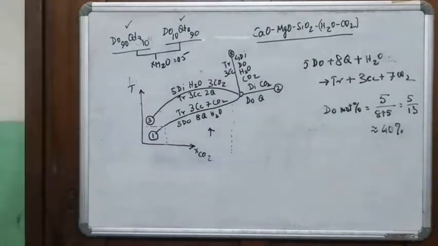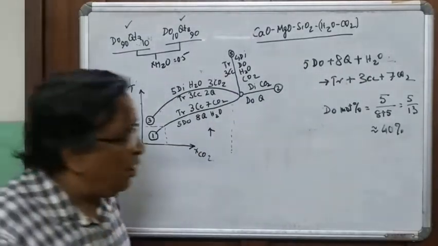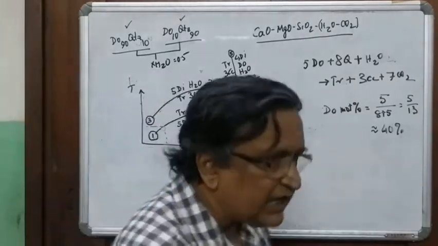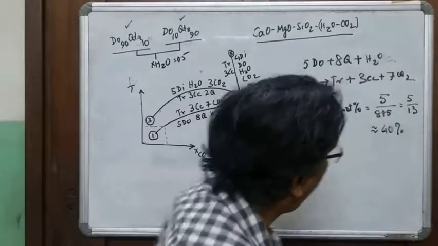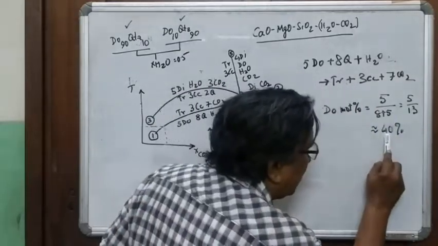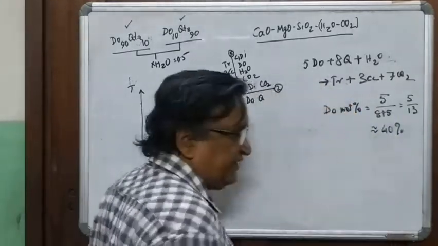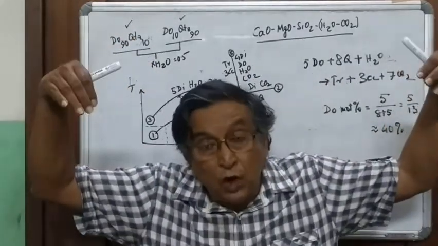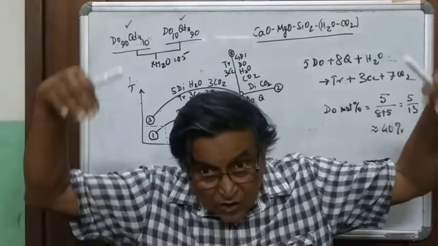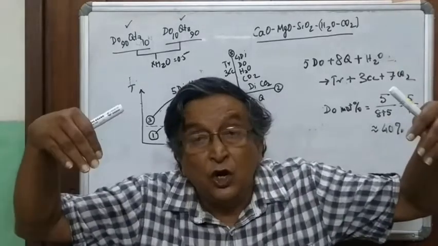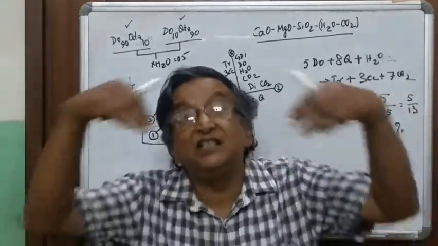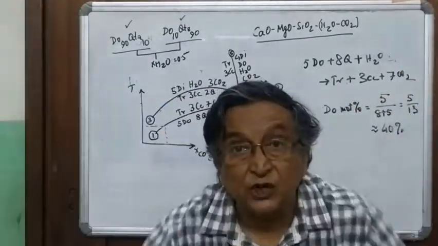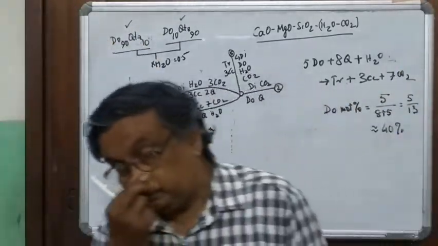But if you have a rock where dolomite and quartz are in the proportion of dolomite 40 and quartz 60, if the initial ratio of dolomite and quartz is 40:60, the dolomite and quartz will react in the proportion 40:60, and both will be exhausted at the same time.